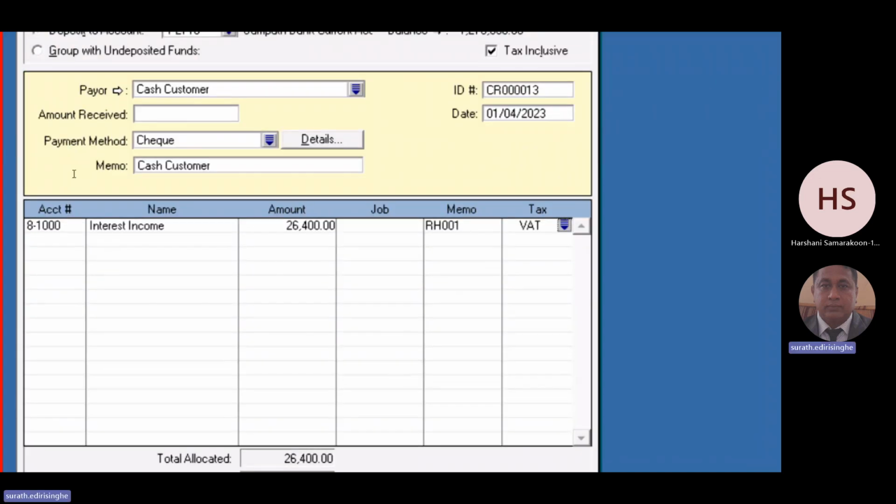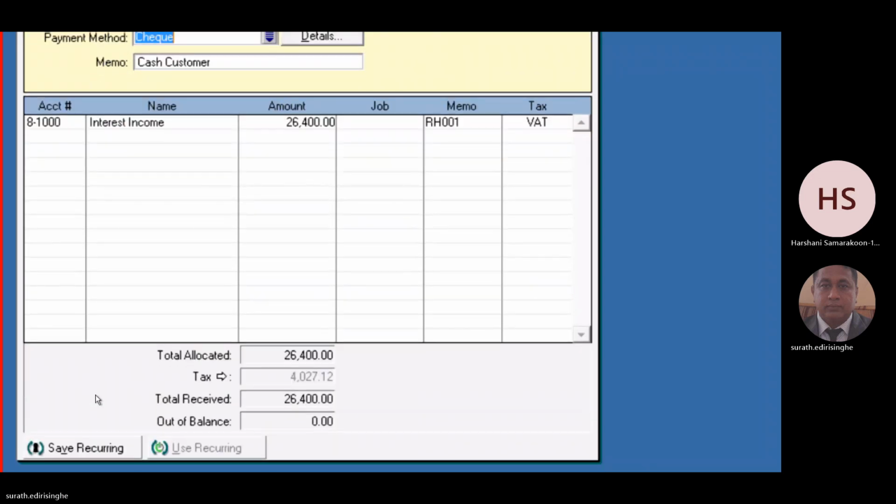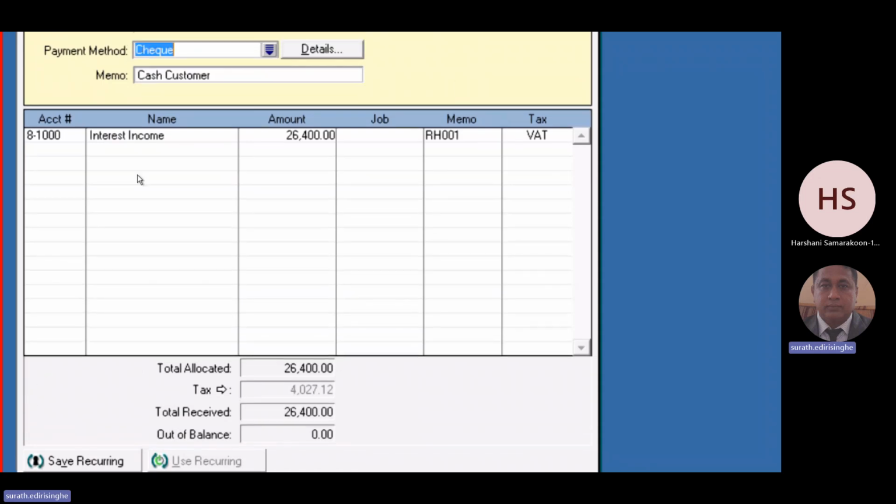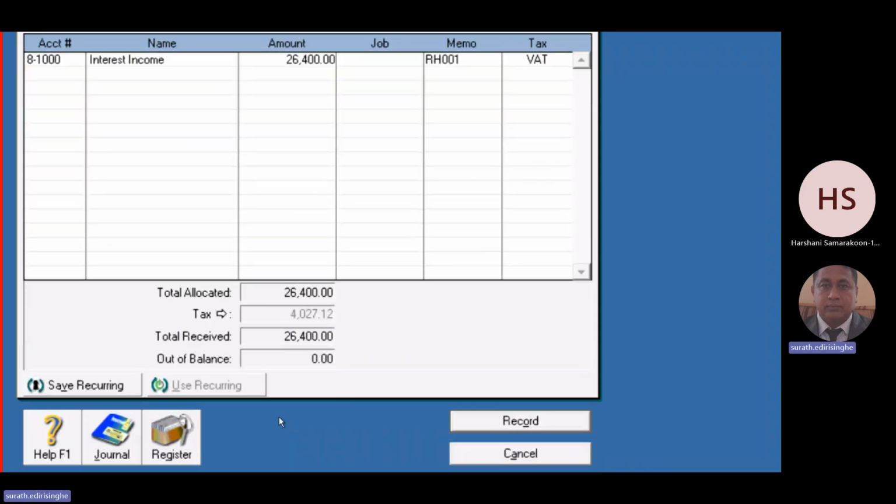Then click on amount received. Similar to that, this is received each month, so save as recurring. Now I am recording, not recurring. Complete.